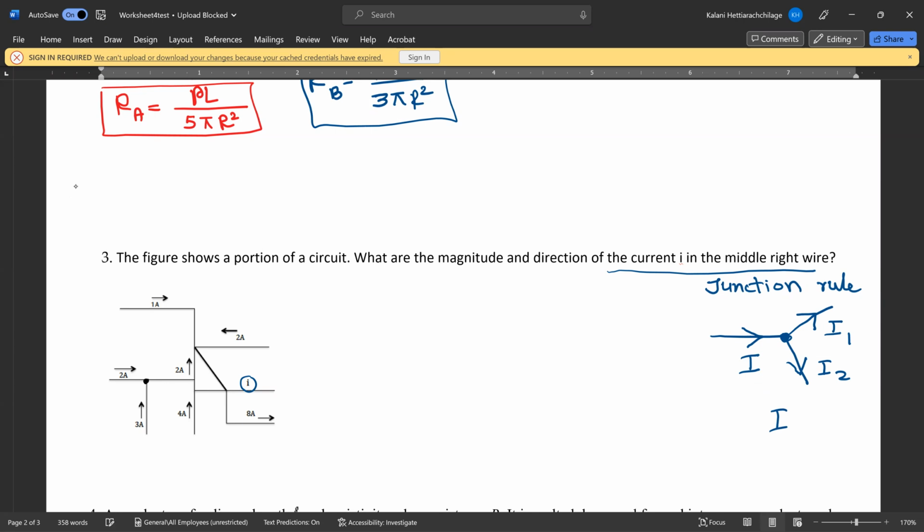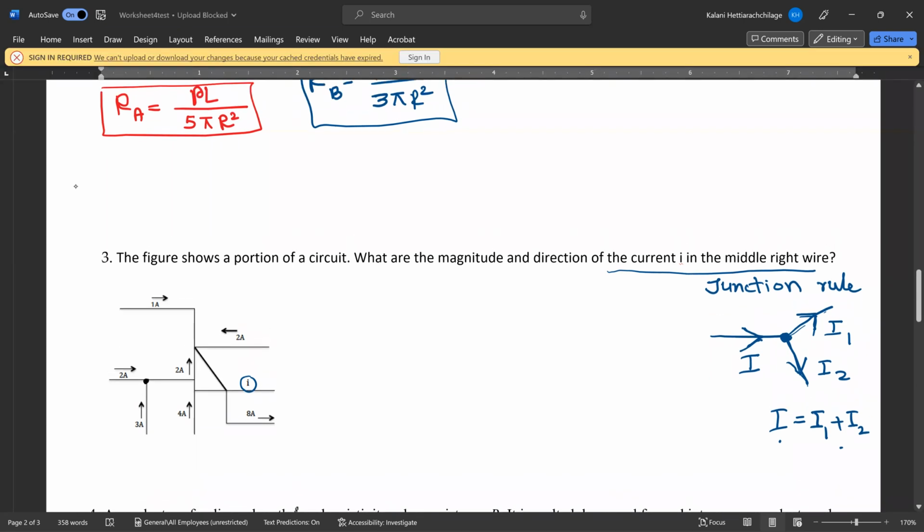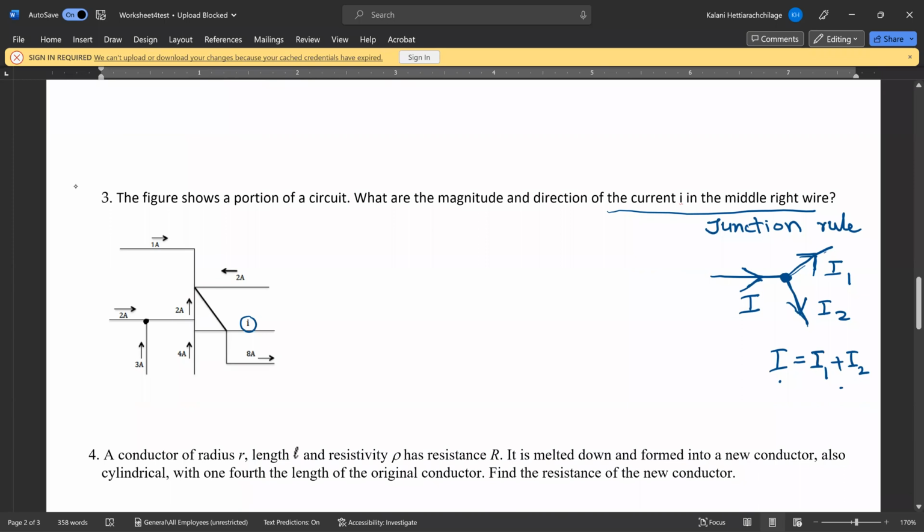According to my diagram, it will say I equals I1 plus I2. You see that they are representing the outward direction from the junction. This is into the junction, in equals out, right? So that's the rule that we're going to use to solve this problem.